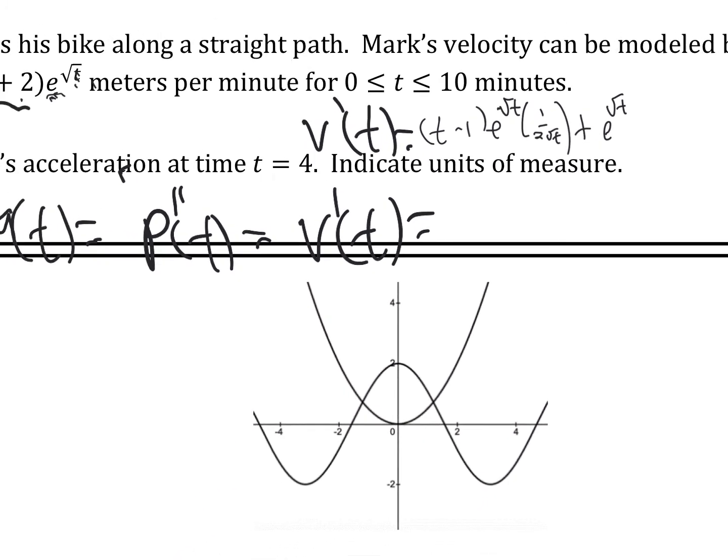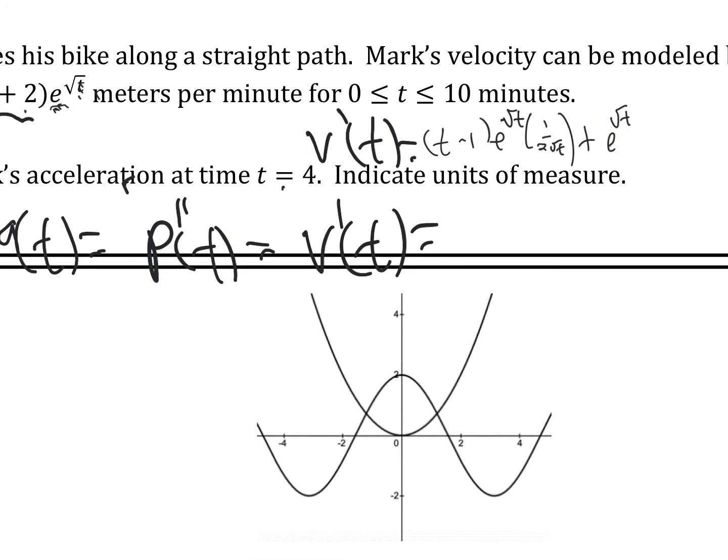But what do I want? I want t is 4. So I'll write that out. V prime of t is t minus 1 times e to the square root of t times 1 over e to the square root of t plus e to the square root of t.